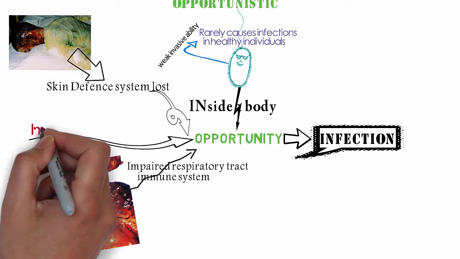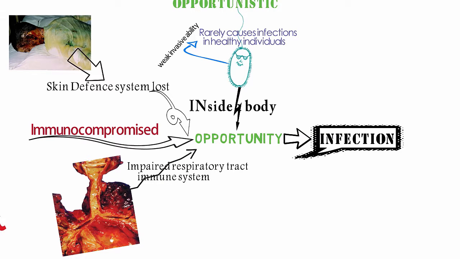Similarly, in an immunocompromised patient, it causes infection. It takes the opportunity because the neutrophils are very low in number, and causes life-threatening severe infections.